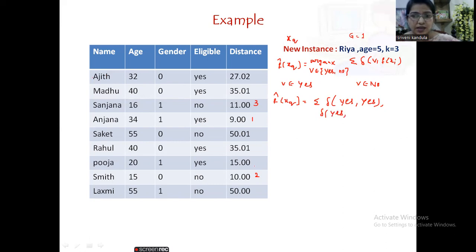The target label for the next nearest distance is no, so I am writing here no. And then the next target label, that is delta of V where V is yes, f of xi for distance 3, it is no.